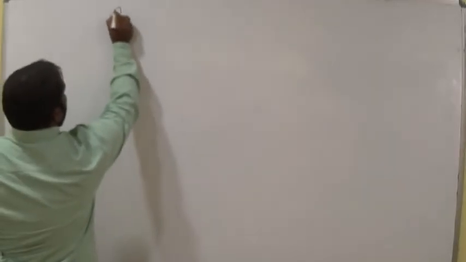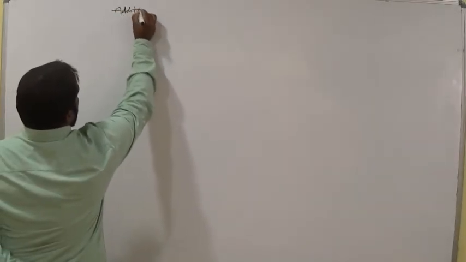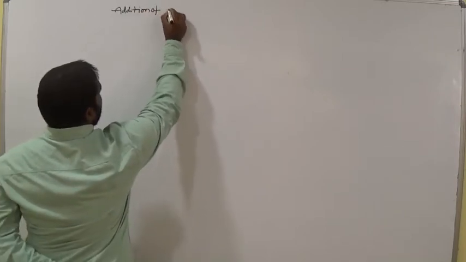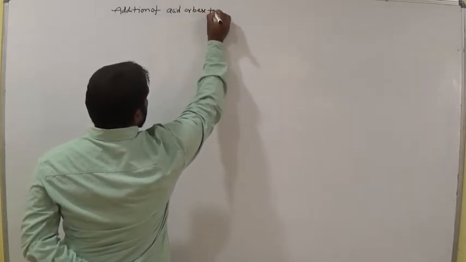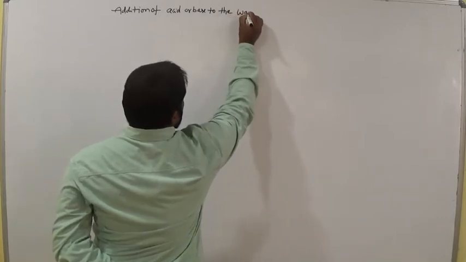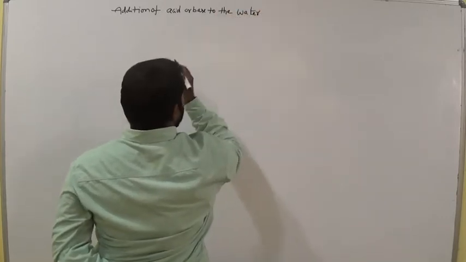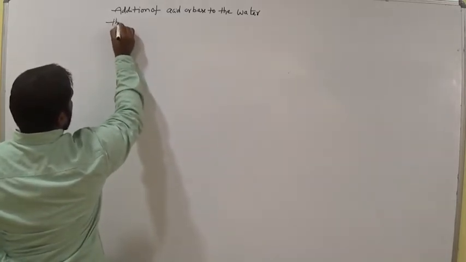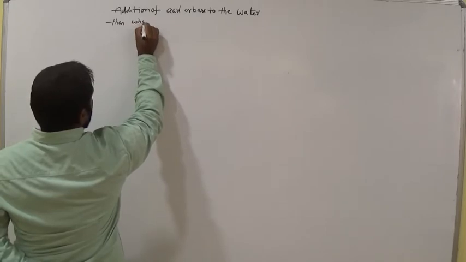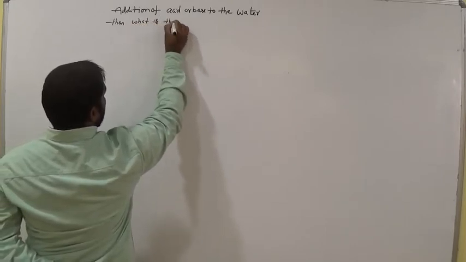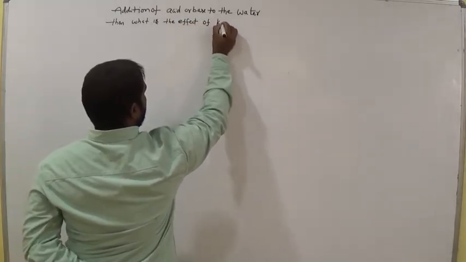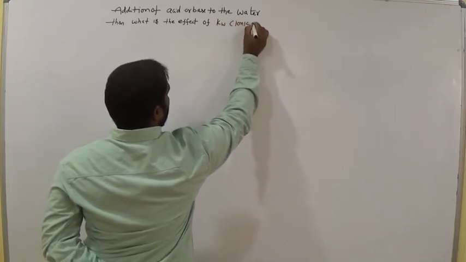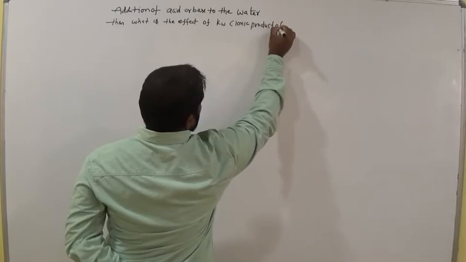Okay, next. Addition of acid or base to the water, then what is the effect on Kw, that is, the ionic product of water, at constant temperature?